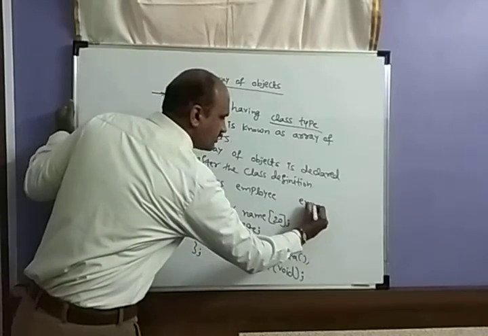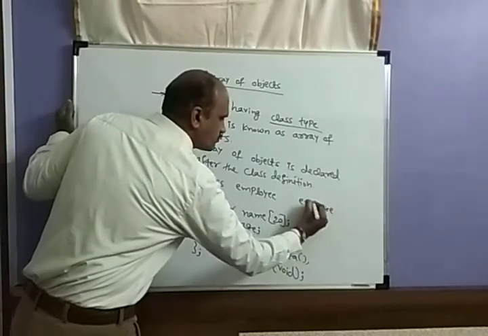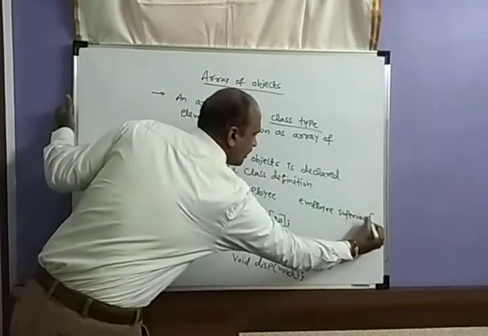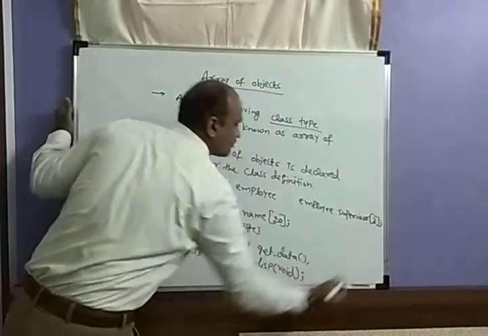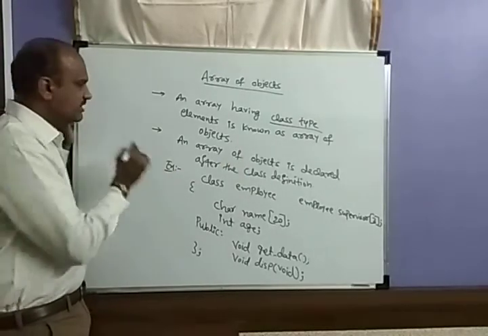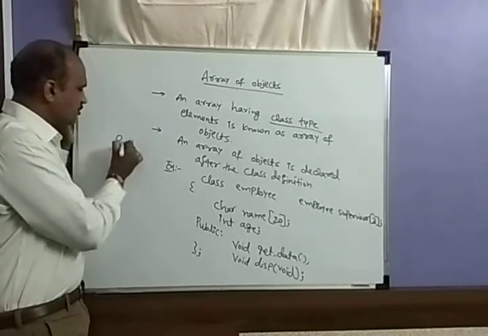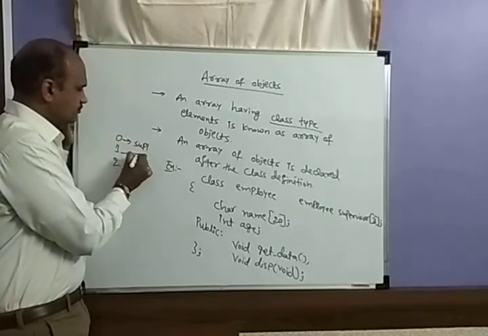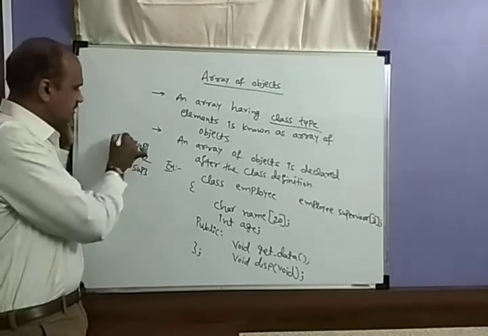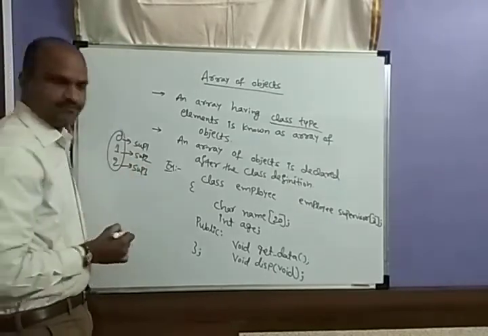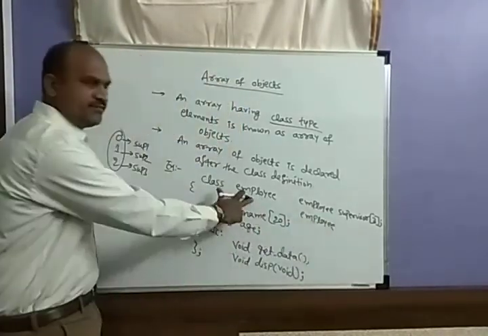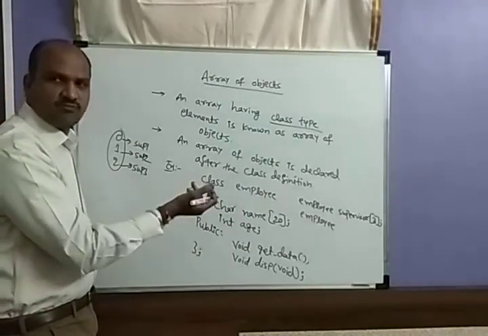So employee is the name of the class, so we will call supervisor with an array of 3, that is 0 1 2. So supervisor 1, supervisor 2, then supervisor 3. The array stores in 0 1 2. Then we can declare employee again, this is the class name, so with the object we can create an object with an array.